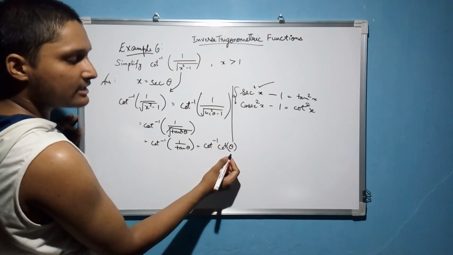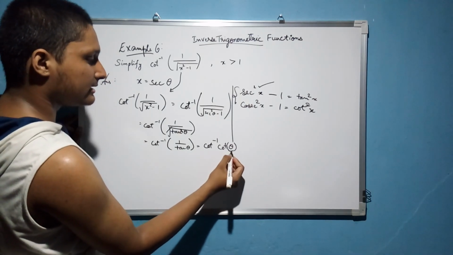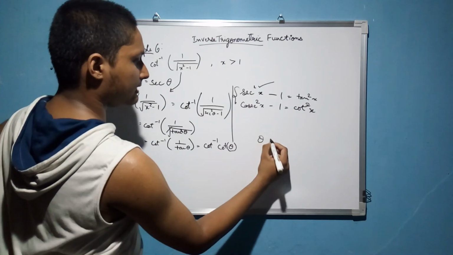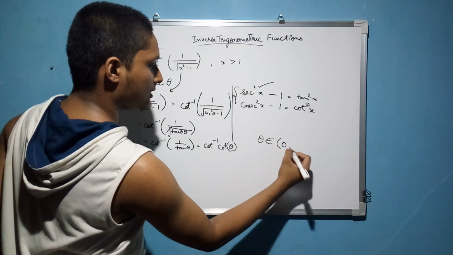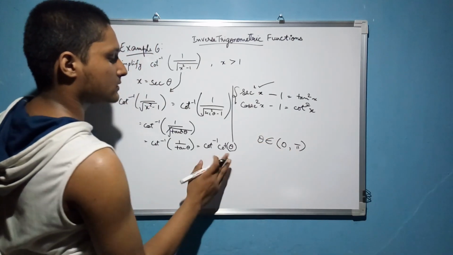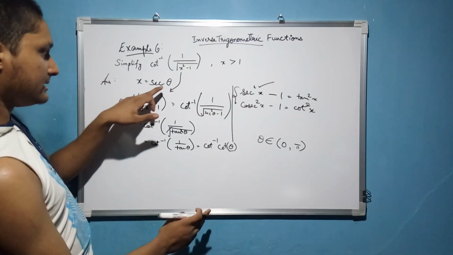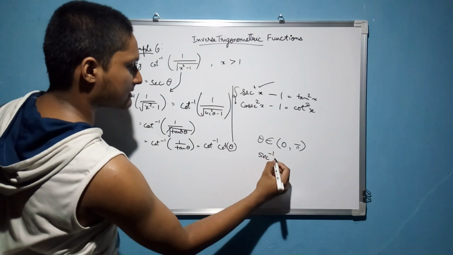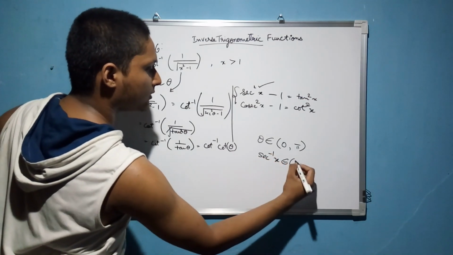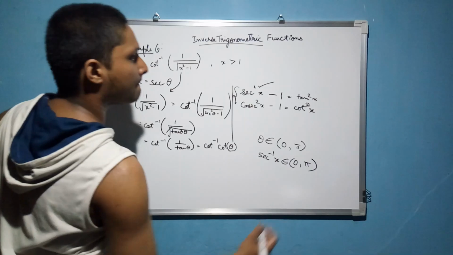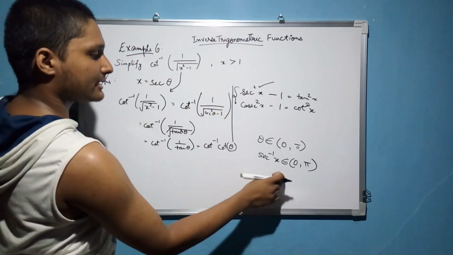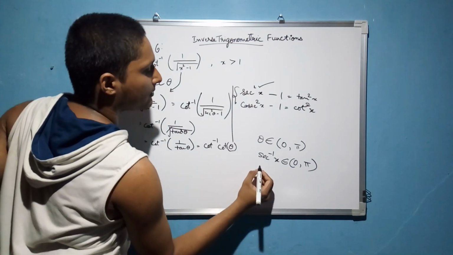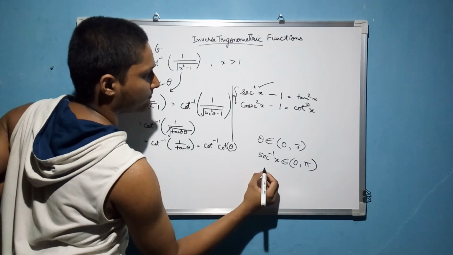Okay, cot inverse cot theta. So what is the condition at last for that, such that this should be lying in between 0 and pi? Theta should belong from 0 to pi. So what should be the condition? Sec theta stands for x, so theta is sec inverse x. So sec inverse x should belong to 0 to pi. Let us take this condition and explain this. So x is greater than 1. What happens to sec inverse x?